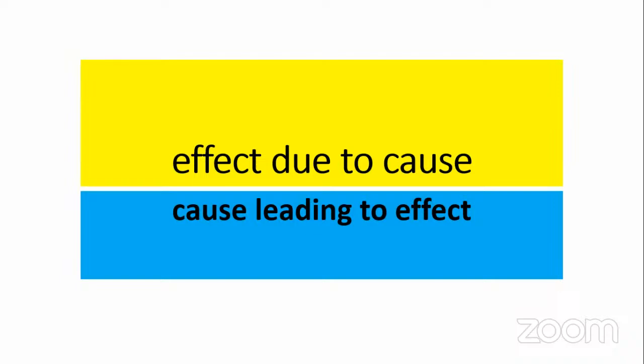So failure due to carelessness, negligence, lack of preparation, any cause, any result. Lack of preparation leading to failure. Only the order is reversed, that's all. Here he is saying effect due to, and there he is saying cause leading to.